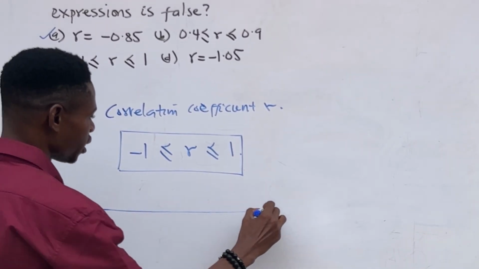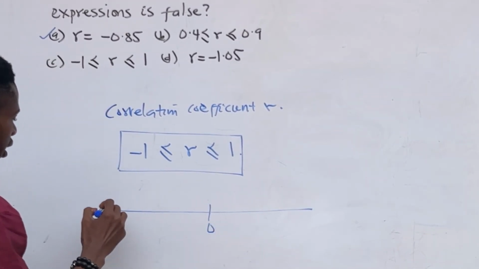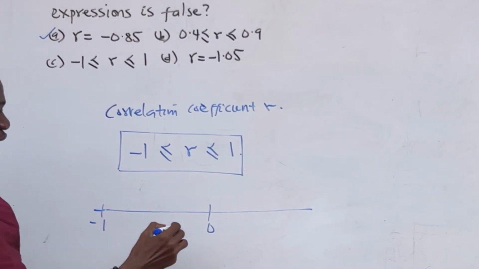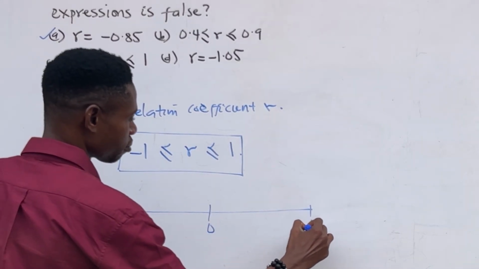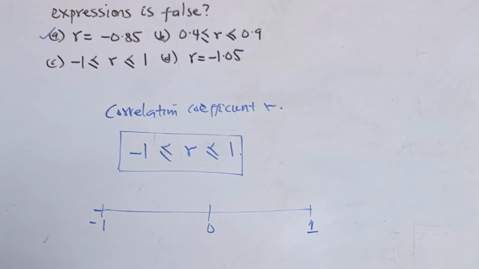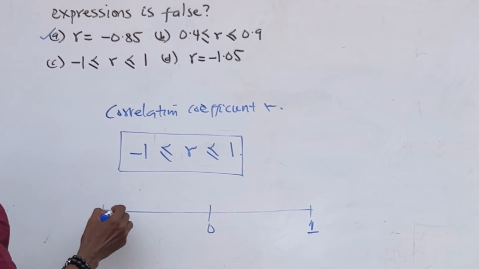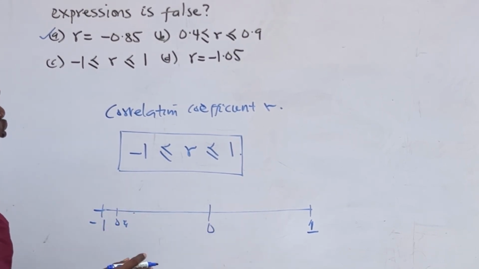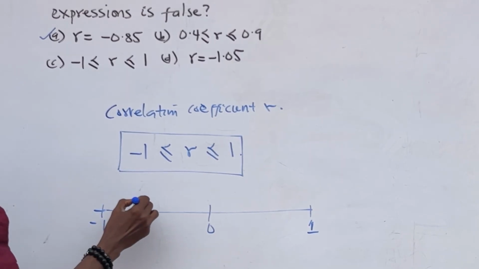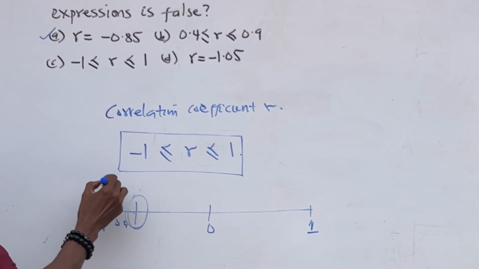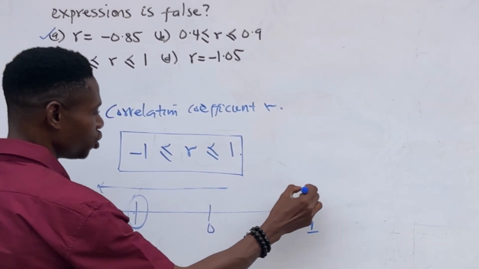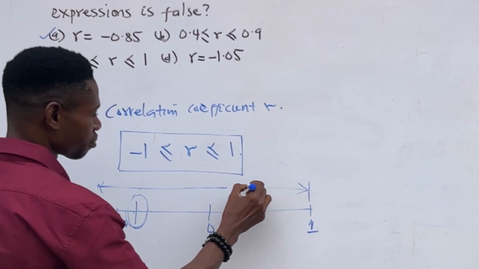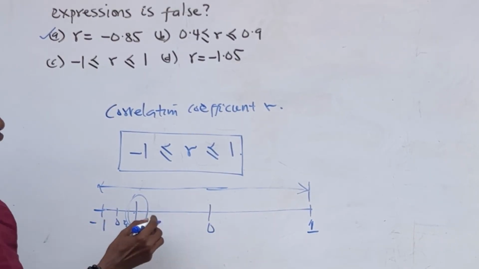So watch, let's say this is our 0, this is our -1, and this is our 1. So -1, -0.9, 0.8, and so on. So -0.85 is somewhere around here. So it's within the range of -1 and 1.